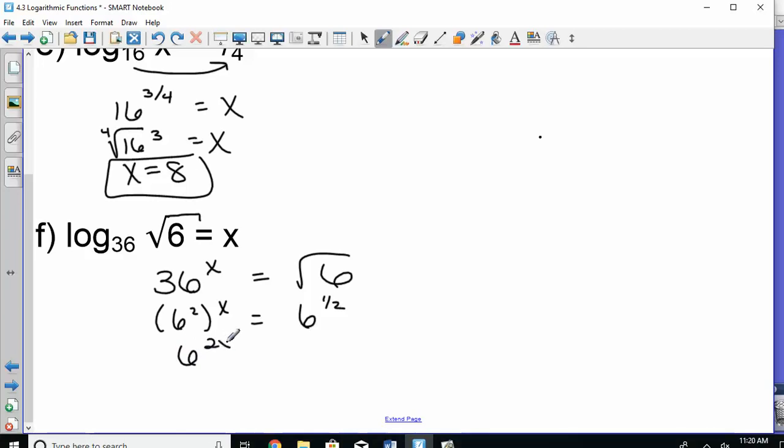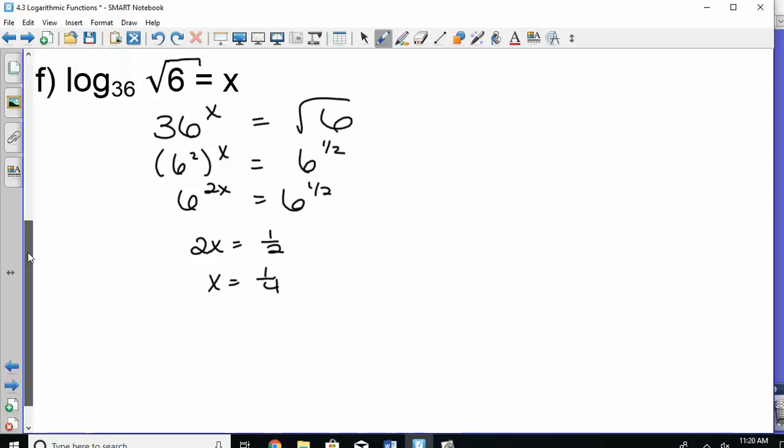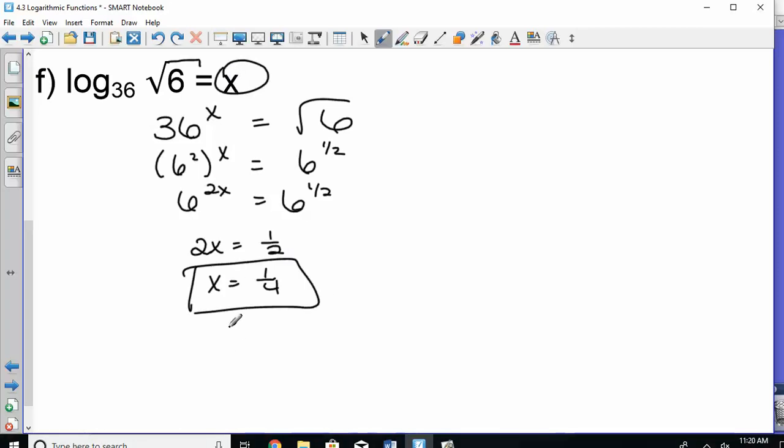So I have 6 to the 2x equals 6 to the 1/2. So drop your base, divide by 2, and x is 1/4. In this one, x was what it was equal to. That's the part that can be any number. It can be a positive, a negative, it doesn't matter. So 1/4 is fine.